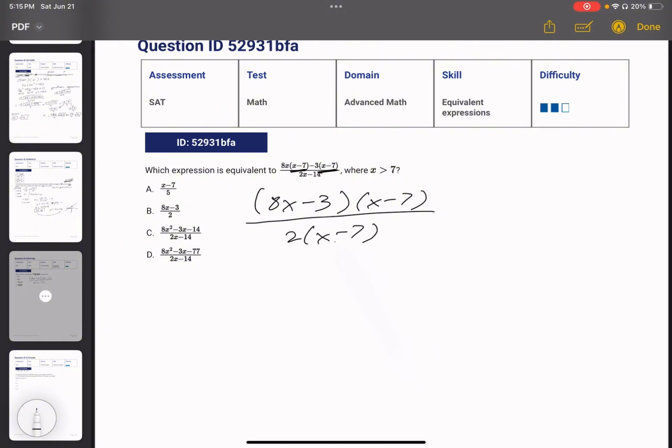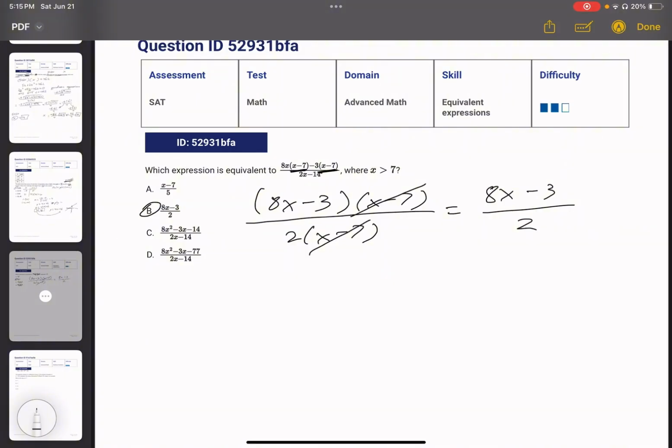And now we have an x minus 7 on the top and the bottom. So these can simply cancel each other out, and that leaves us with 8x minus 3 over 2. Now we look at our answer choices, and that's our second one.